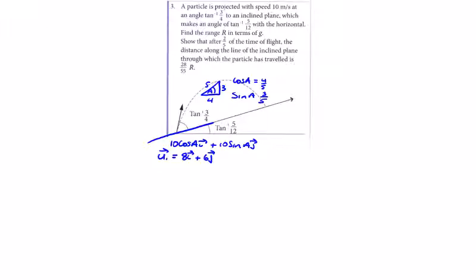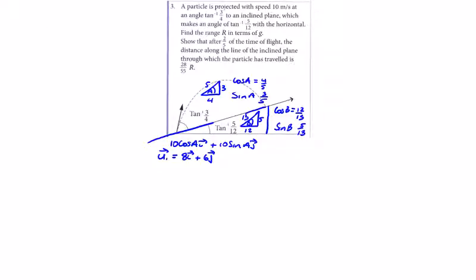So our accelerations will be based on this triangle down here. So we have inverse tan of 5/12. 5/12, hypotenuse 13. So cos B, 12/13. Sine B is 5/13.